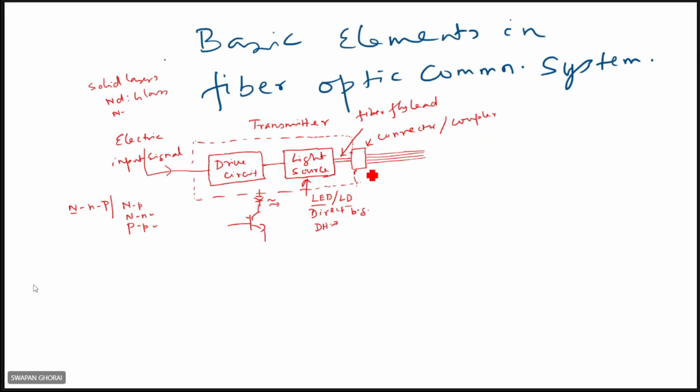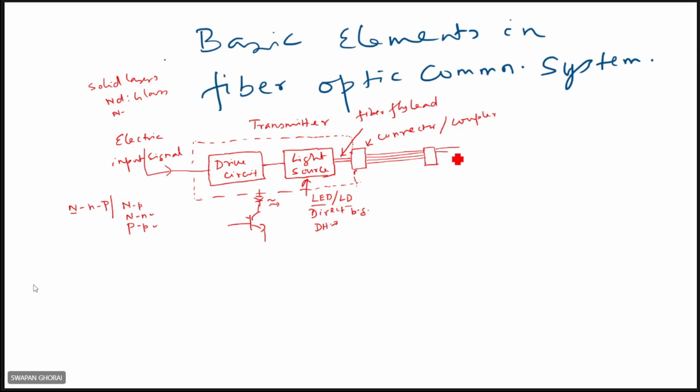If it is not mentioned, then you have to assume two connectors, one at the source end and the other at the receiver end. Some other connectors may be there, and those may be optional. Sometimes in between the fiber link, there can be other connectors.